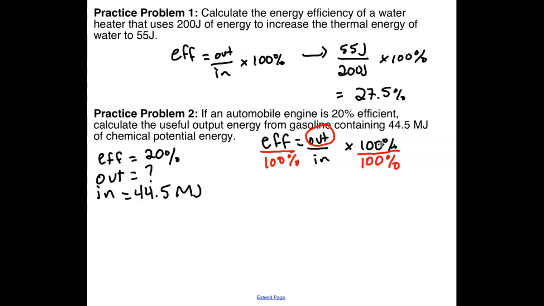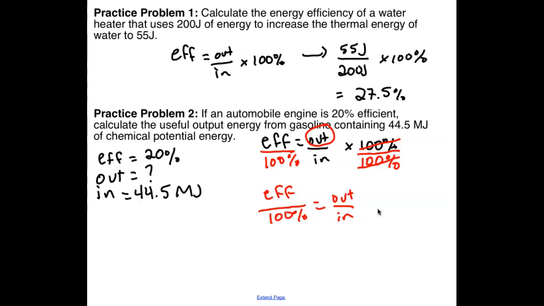Okay, this side would cancel out the 100%. So I'm left with efficiency divided by 100% is equal to output over input. Now I'm going to try to put the input on this side.